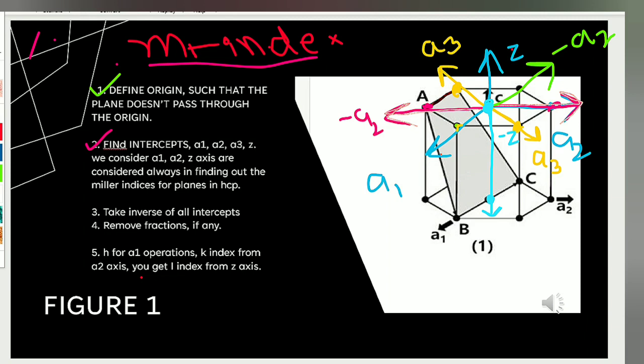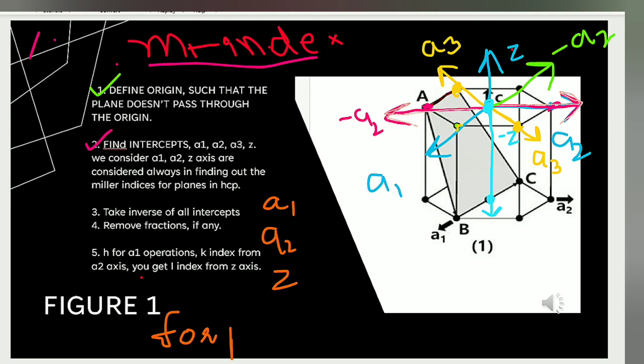And let us start the process of finding out the intercepts, and I'll be finding out the intercept for A1, A2 and z-axis first. Okay, and for planes there is an equation that is true no matter what.